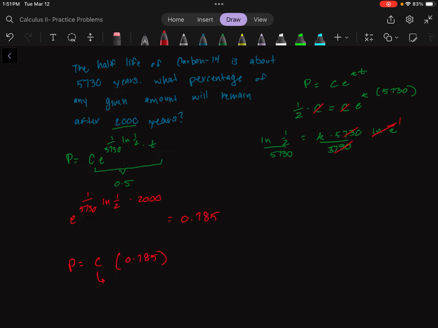C is the initial amount, which means that P is going to be about 78.5% of that initial value. And this makes sense because if it takes 5,730 years to decrease by 50%, obviously if we're only at about 2,000 years, we're not going to be anywhere close to 50%. We're still at 78.5% of this given amount present after 2,000 years.